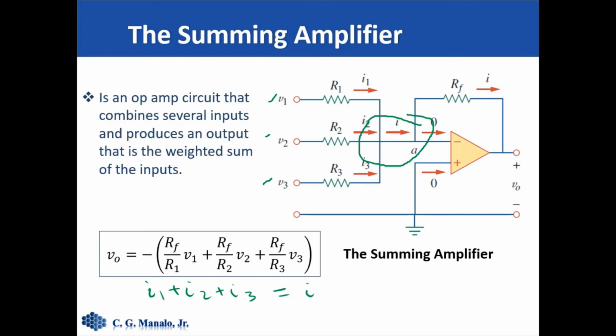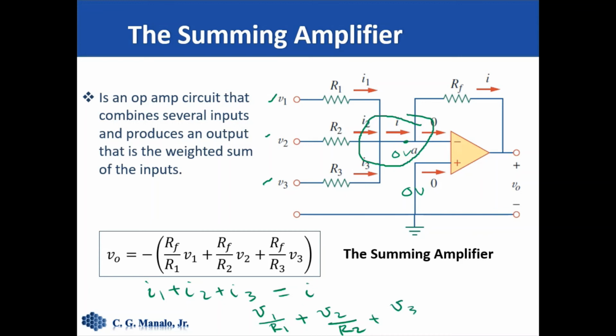Okay, but I sub 1 can be written as, so take note, since this is 0 volts, this point here is also 0 volts. So therefore, I sub 1 can be written as V sub 1 minus 0 divided by R1. I2 can be written as V2 minus 0 divided by R2.